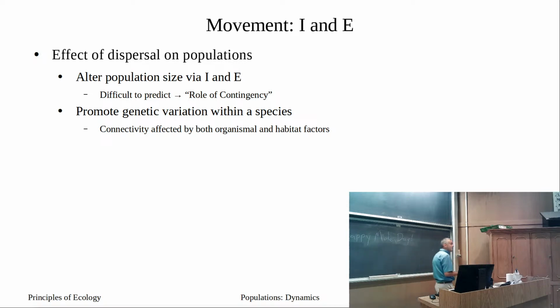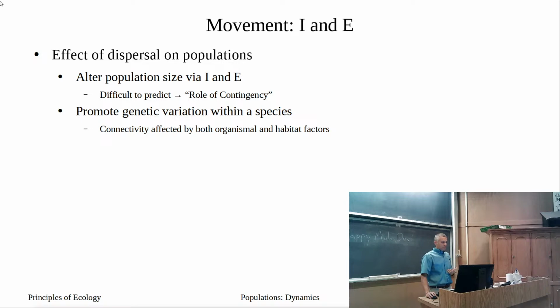Good quality habitats are probably less likely to have a whole lot of emigrants. Less likely to have a bunch of individuals leave our high quality habitat, but those high quality habitats are going to be more likely to attract more immigrants. And we'll talk about these habitat factors as they pertain to metapopulations.